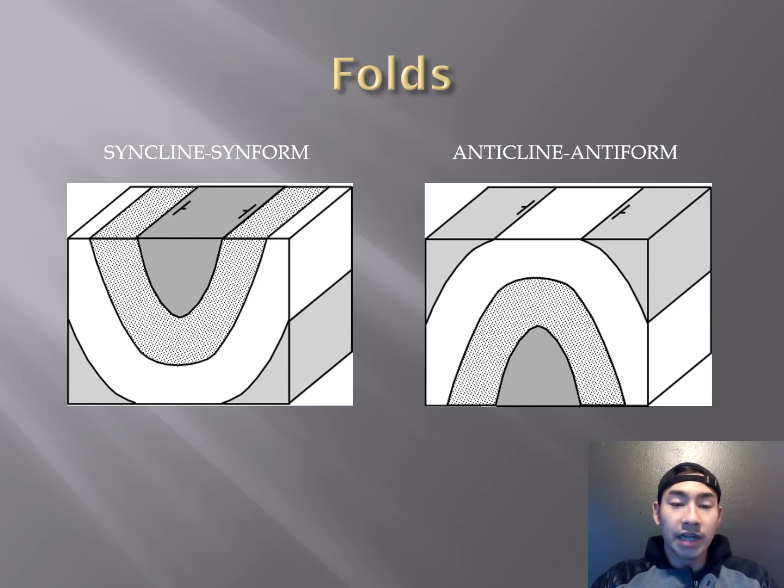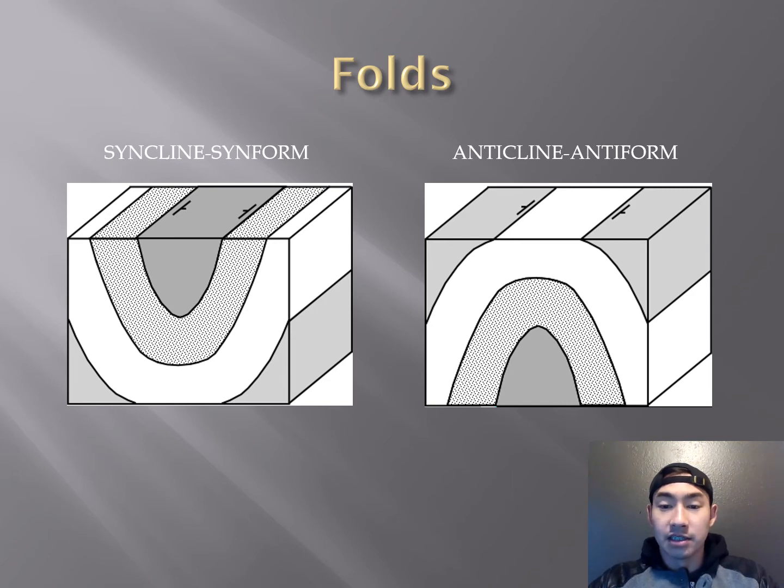When I describe age, what I mean is, in a syncline, the centerpiece is going to be the youngest, and we have older sections moving away from that fold axis. So in a synform sense, we're not sure of the age yet. This whole thing could have been an anticline that was flipped over, and that would give us a synform.